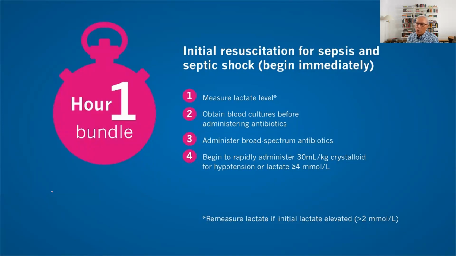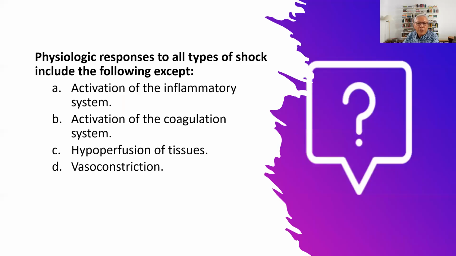Okay, so the MAP target is going to be 65 millimeters of mercury. We'll talk more about how you calculate MAPs later on, but this is emphasizing the responsibilities of the healthcare team during the first hour of presentation.